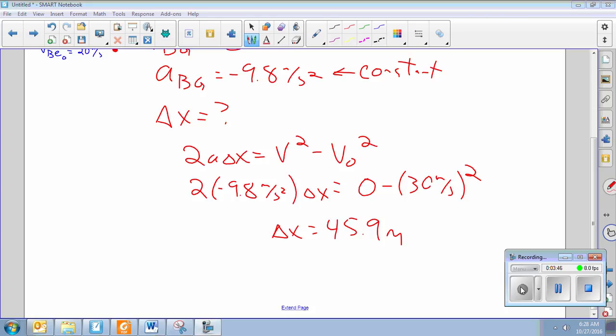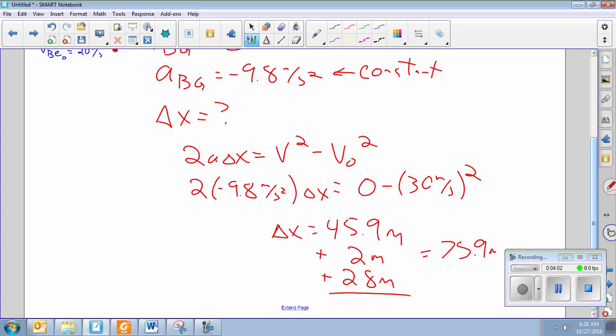But at the instant it's released, the ball is 2 meters above the floor, and the floor is 28 meters above the ground. So add all of this up, and you get 75.9 meters. All right, so that is part A.